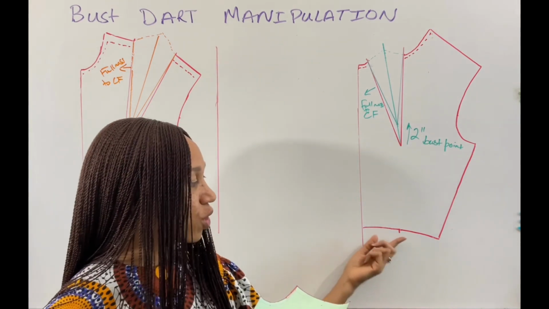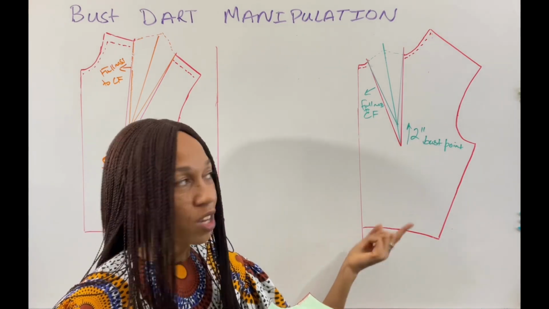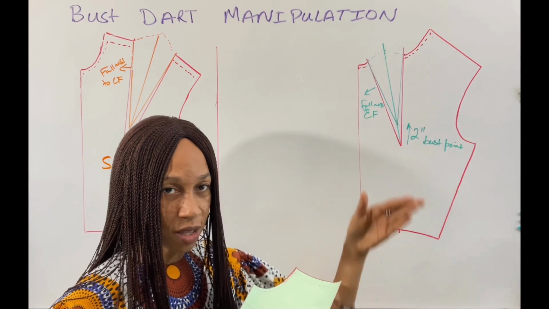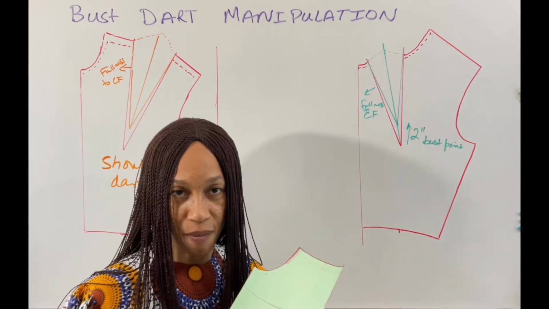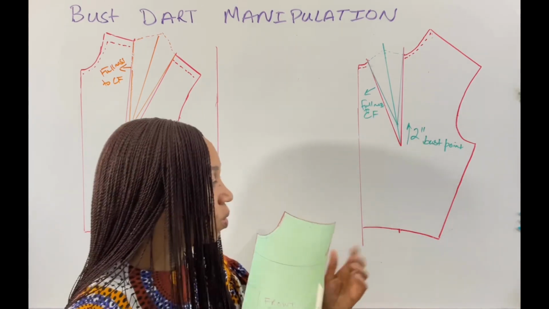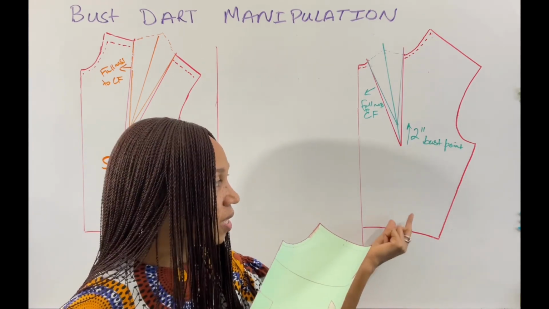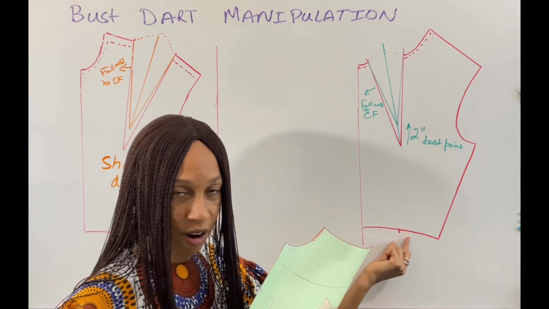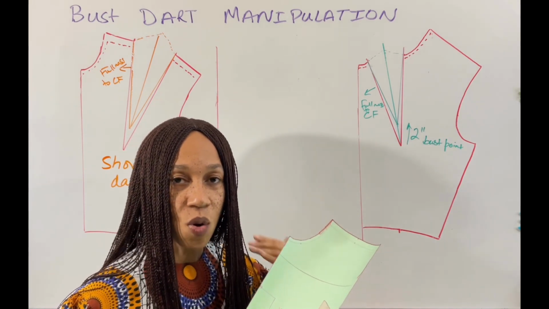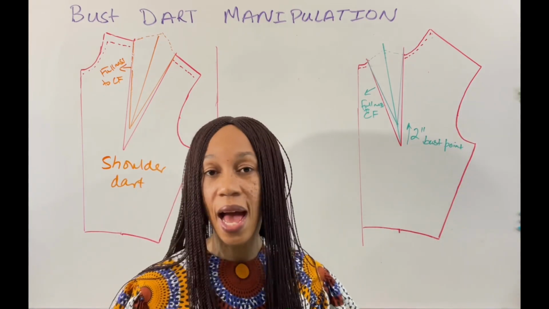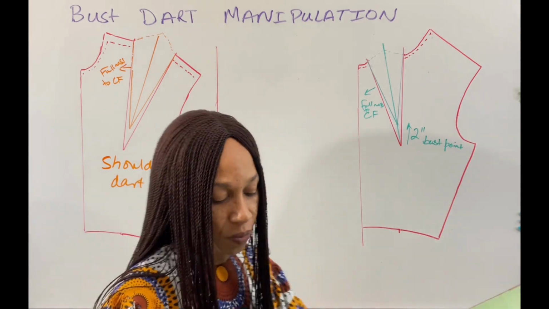You did not have to close all of the dart here to create the other dart manipulations around the bodice of the garment. You could have simply closed the dart halfway, meaning that you could have still kept the dart here, but only half of it. I'm going to show you how to do that.